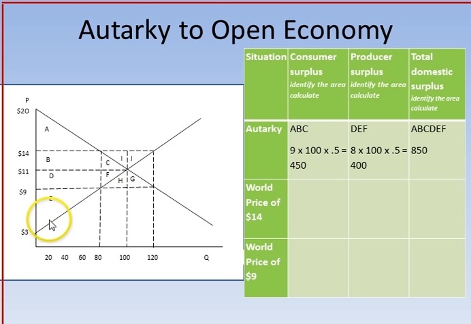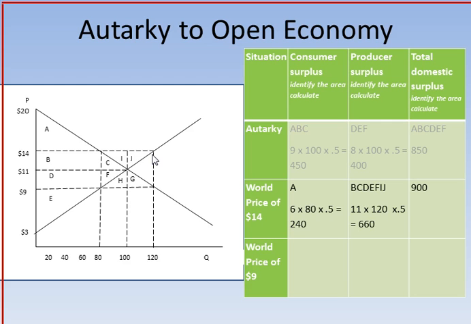Then I'll calculate the area of this larger triangle. 14 minus 3, we have 11, and now we are producing at 120, and that gives us our producer surplus. So here we have calculated the producer surplus, the consumer surplus, and the market surplus in a market where we have full trade at a world price of 14.